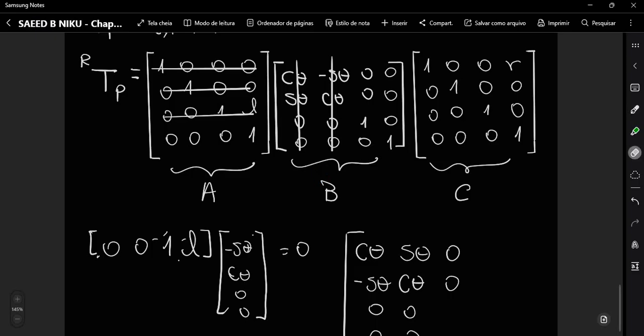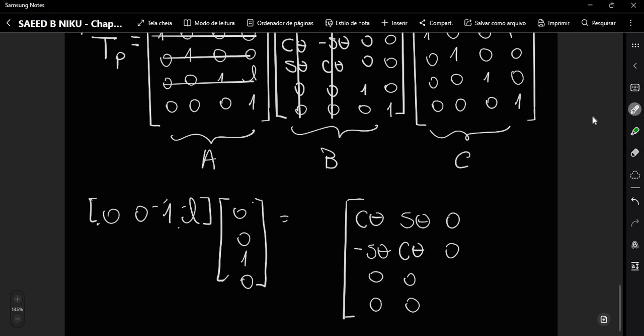So right here we will obtain an element different from 0, sorry, an element different from 0, not a scalar. 0, 0, 1, 0. So it's 0 times 0 plus 0 times 0 plus 1 times 1 plus L times 0. So it is 1, the result of this element.